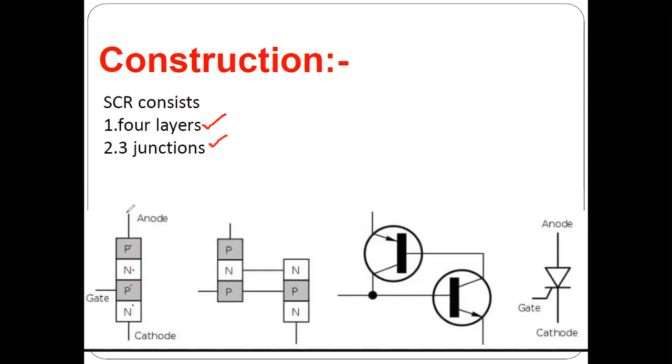To go for the construction of SCR, what we need to do is have two separate models of transistor. One is a PNP transistor and the other is an NPN transistor.